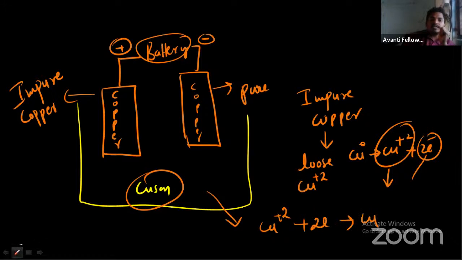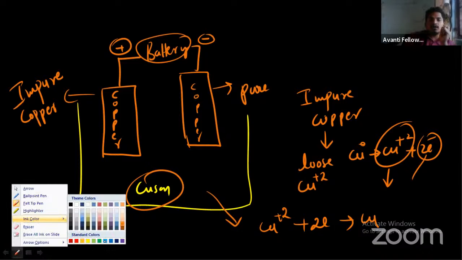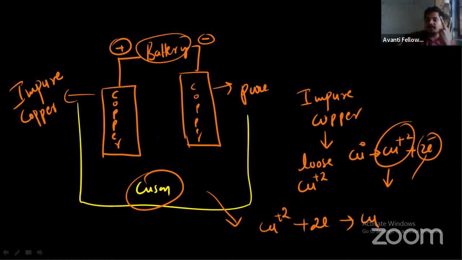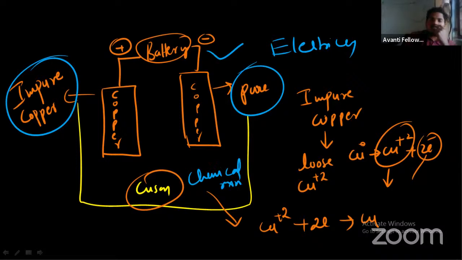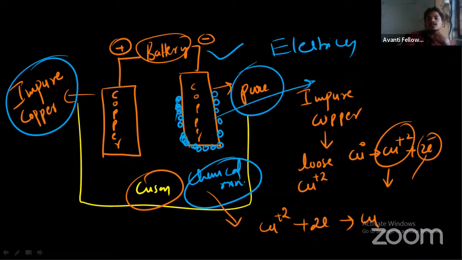So whenever you want copper, you have to take two copper electrodes, one impure copper and the other pure copper, connect them with the battery and give electricity, and you can see the chemical reaction. All the copper will be deposited on the surface of the pure copper, so you collect the copper here.